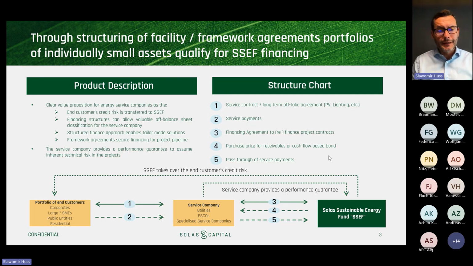So in other words, if there is an efficiency project that generates certain cash flow, we at Solas look at the cash flow itself, not at the asset. Obviously, from the security perspective, we still structure it so that the asset is collateral, but it's a secondary element, mainly to avoid a situation where the asset gets taken by someone else.